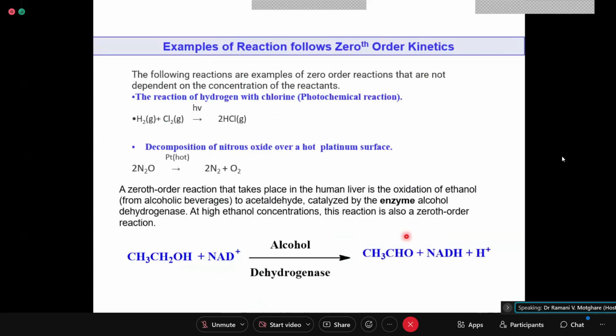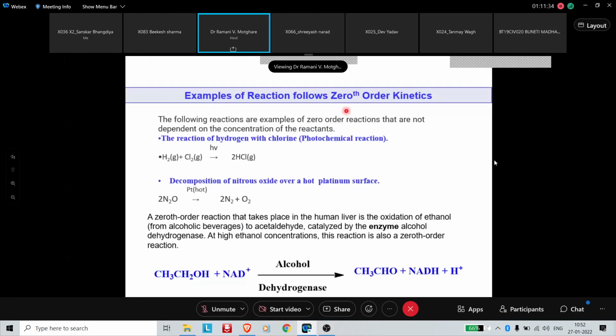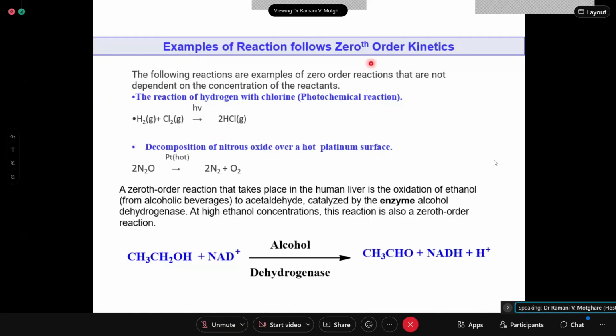Okay, so examples of reactions that follow zero order kinetics are like the reaction of hydrogen with chlorine. It's a photochemical reaction in presence of sunlight or h nu, a specific energy photon.